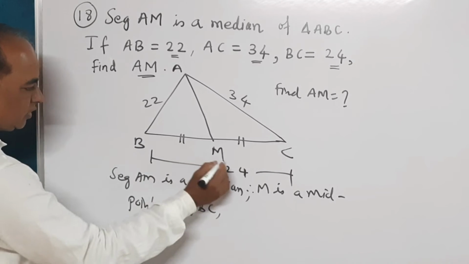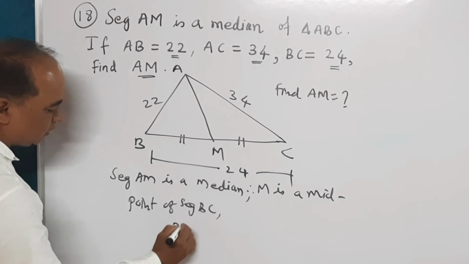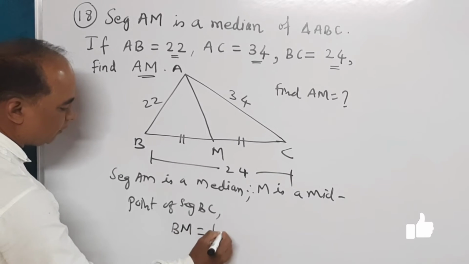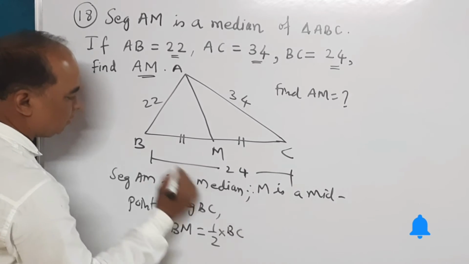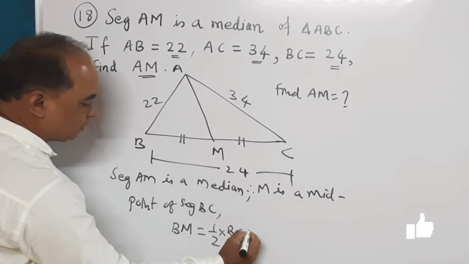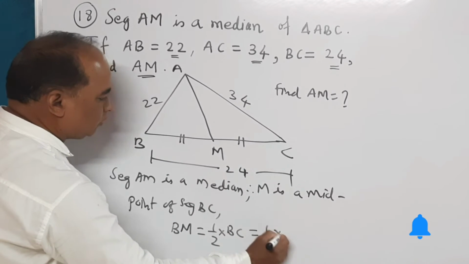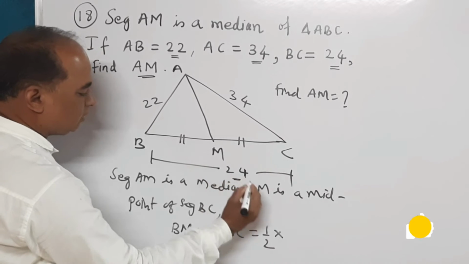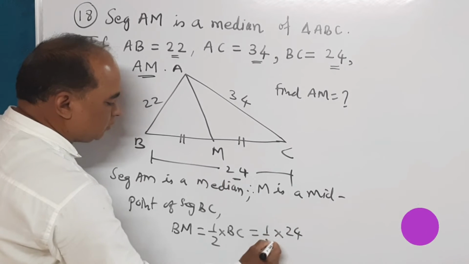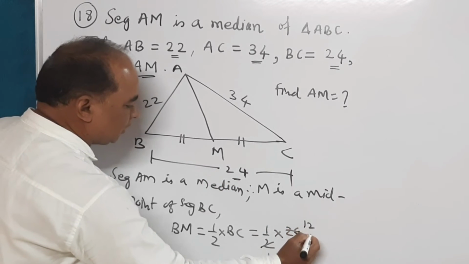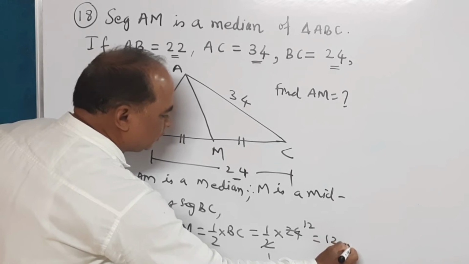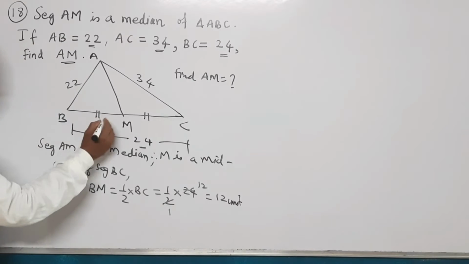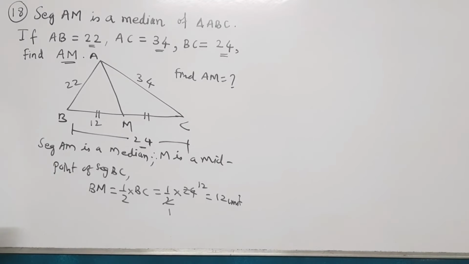Therefore, length of segment BM is equal to 1/2 into length BC, which is equal to 1/2 into 24, which is equal to 12 units. So here BM is equal to 12 units.